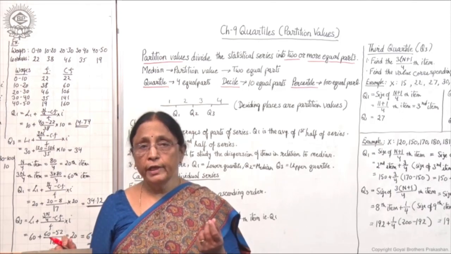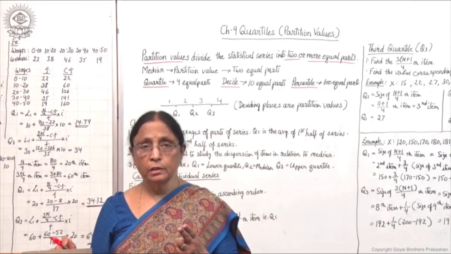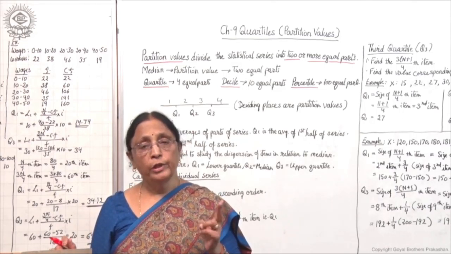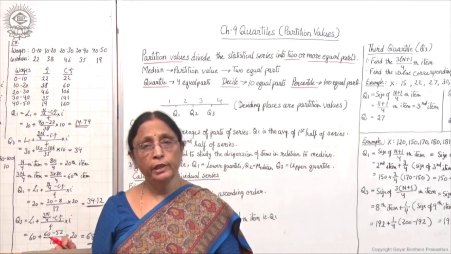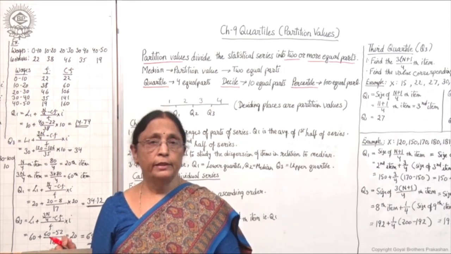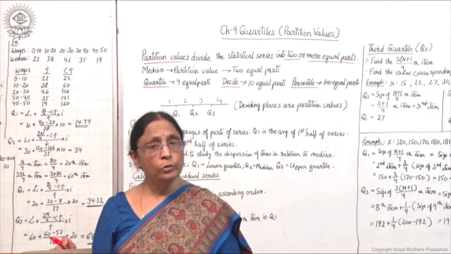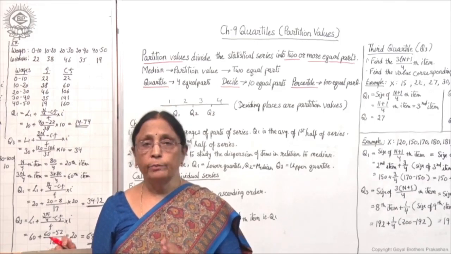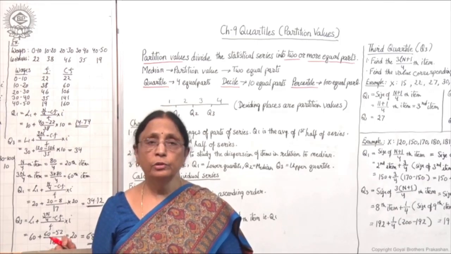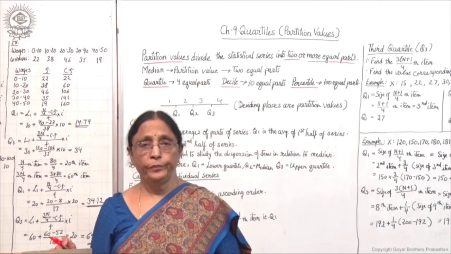So median divides the series into two parts, quartiles into four parts, deciles into 10 parts, and percentiles into 100 parts.